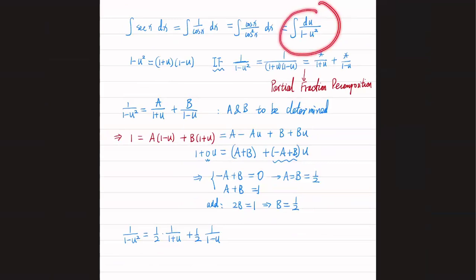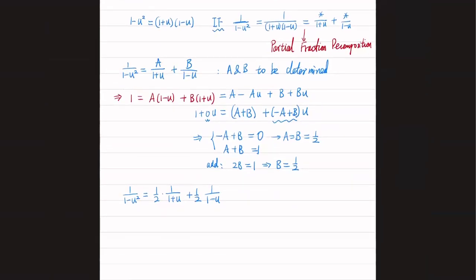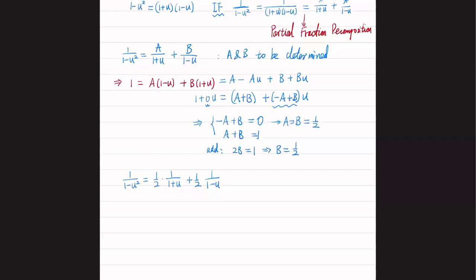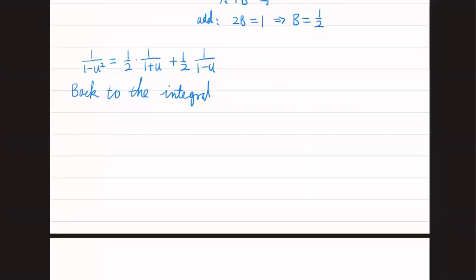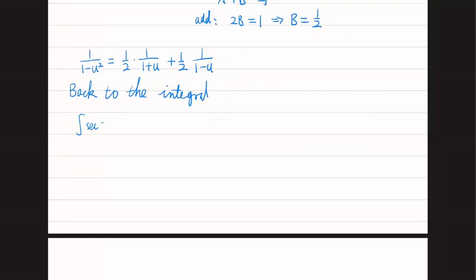So with this at hand, we can go back to complete this integral. I'm going to copy this over there, and we will see how we integrate it. Back to the integral. We have the secant. We use the substitution u is sine x, and the integral becomes du over 1 minus u squared.